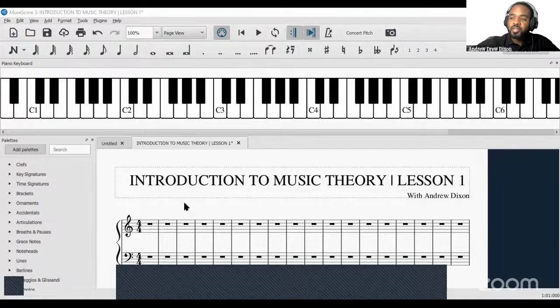Now, musical sounds can also be written, and it can be written in a manner that we can understand, much like English words. So then we want to look at music as sort of a language.